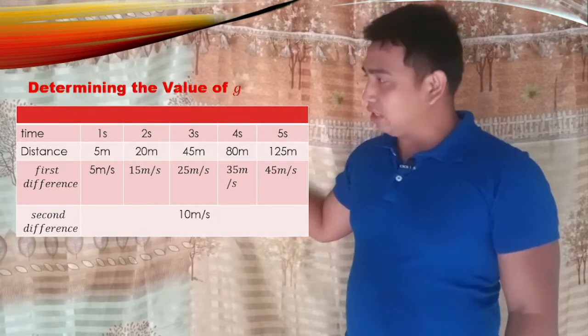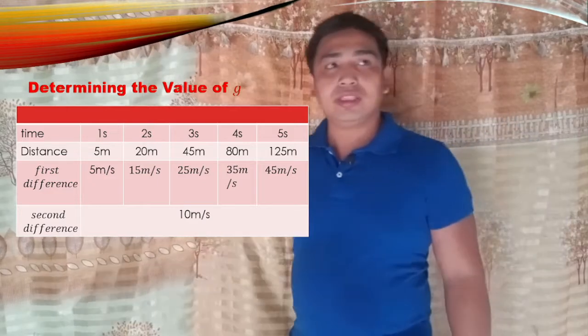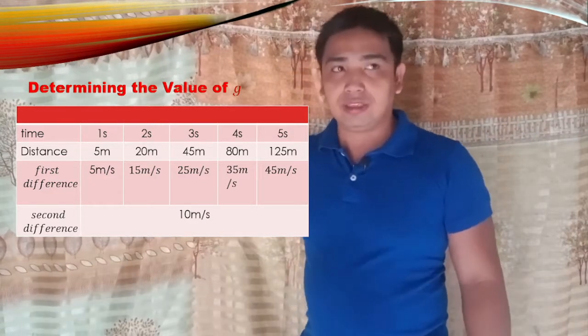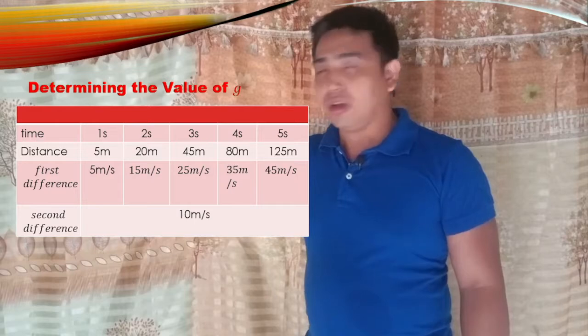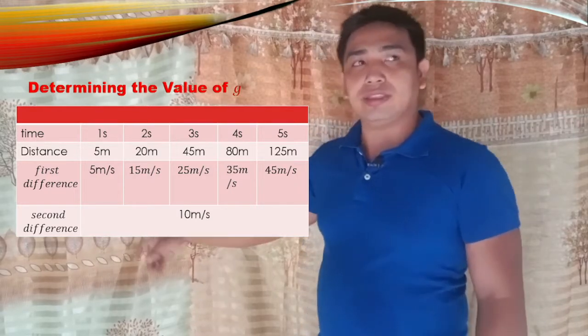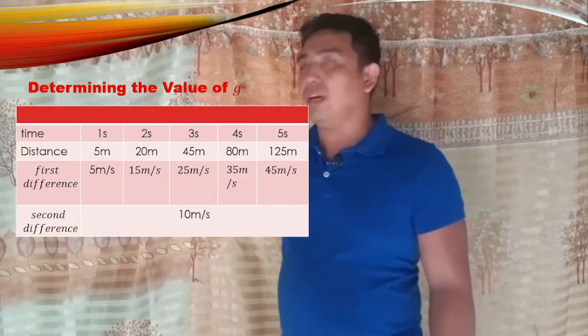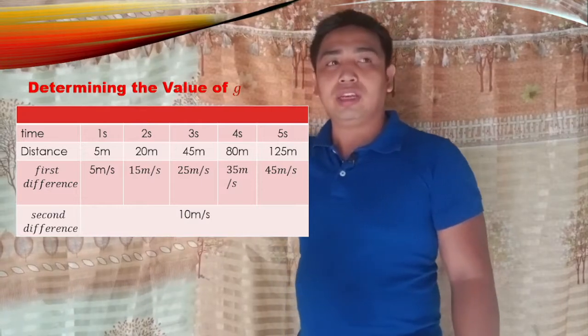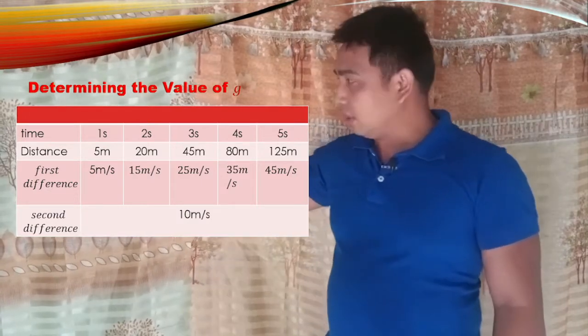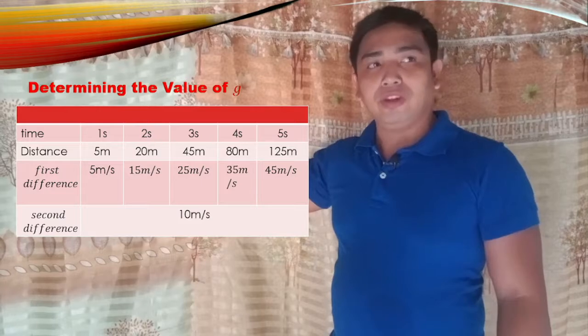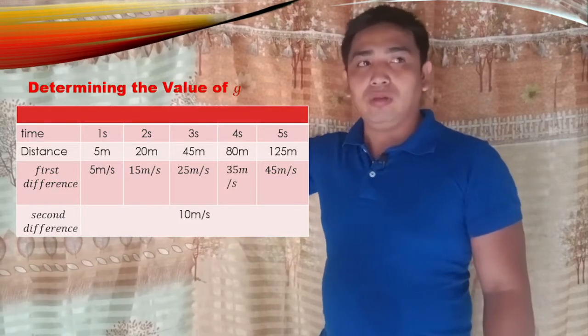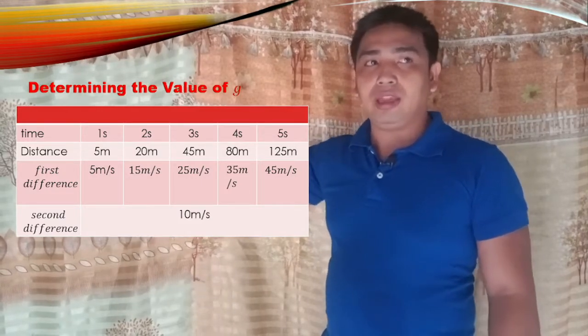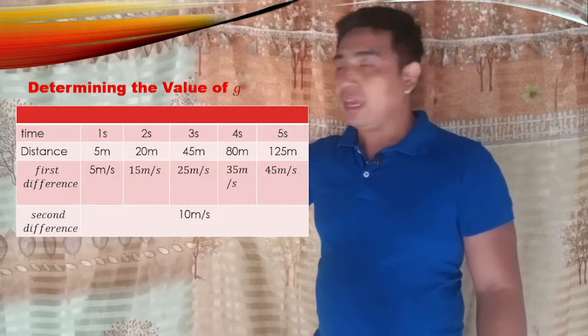And a quadratic sequence has a first difference and second difference. So we're gonna get the first difference, that is 20 meters minus 5 meters, and that's gonna be 15. And we're gonna do it with 45 and 20, with 80 and 45, and 125 and 80.